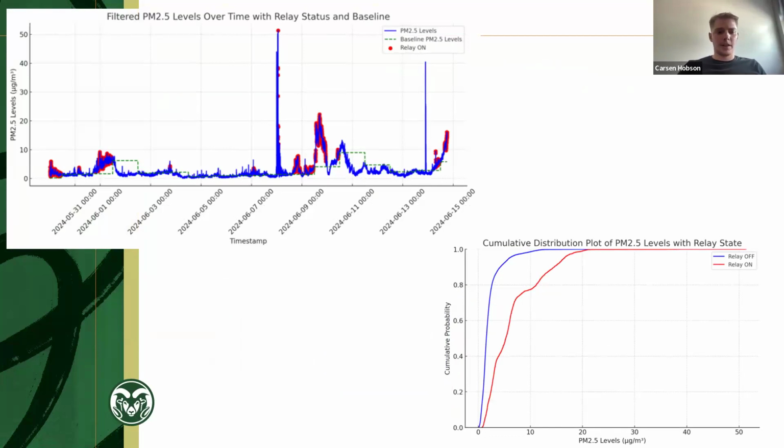The green dashed line is that baseline level. It did detect most peaks, but you can see there is an issue around the 9th to the 11th, where the relay is not on because that baseline level is too high.